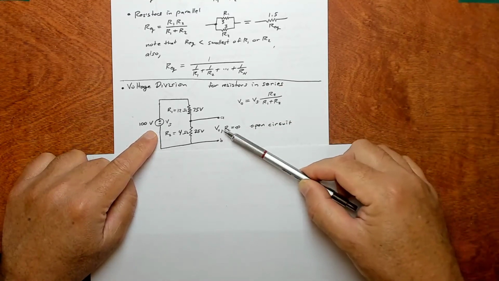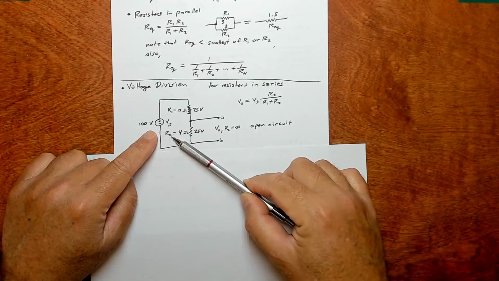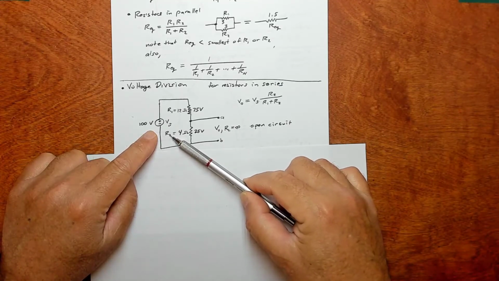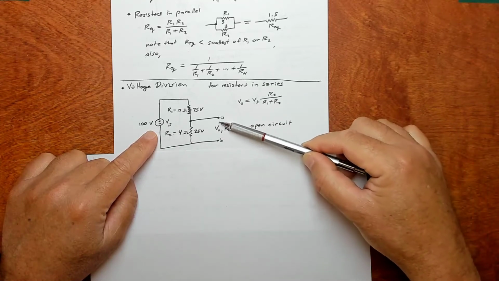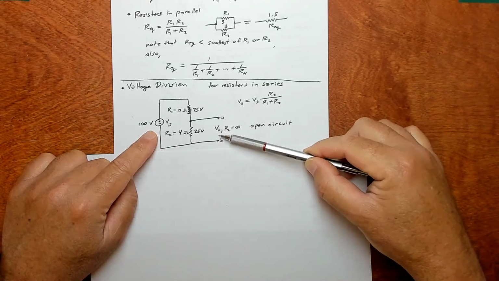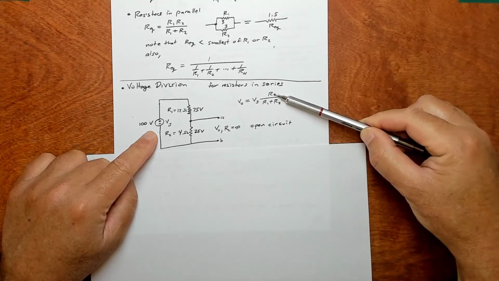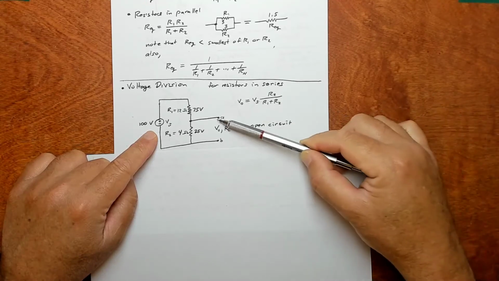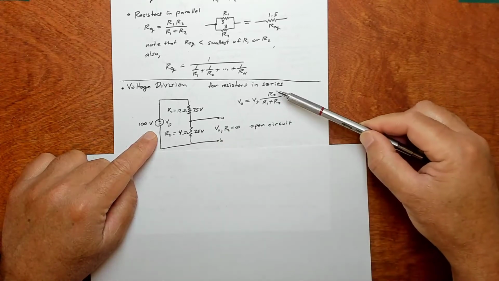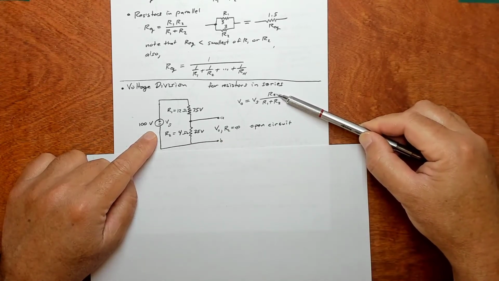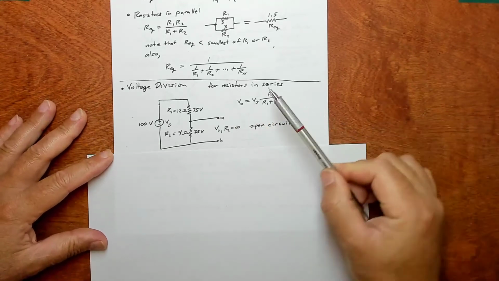The way I remember this is that V sub 0 is associated with R2 in this case. The thing you're trying to find, V0, you put the corresponding resistor on the top. We're trying to find the voltage across R2, so we put R2 on the top.